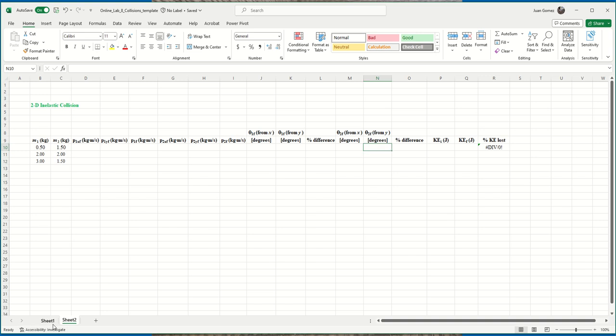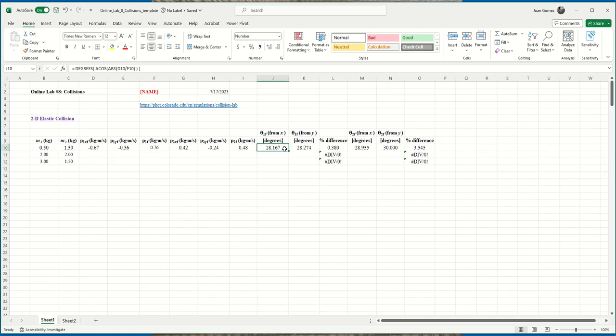Notice sheet 1: J10, K10, M10, N10. So all we have to do is copy these formulas and paste them into sheet 2. You can do that before or after, and once you do that, just drag down. That's why we love Excel. It makes our lives a lot easier.